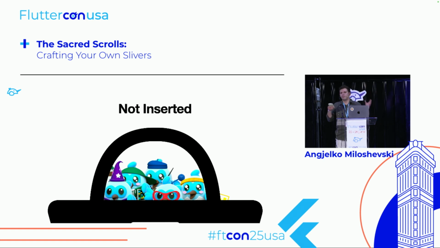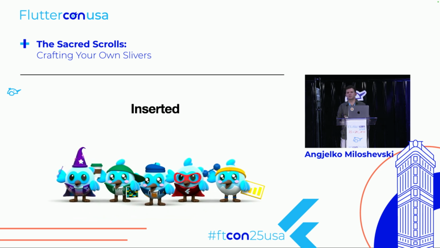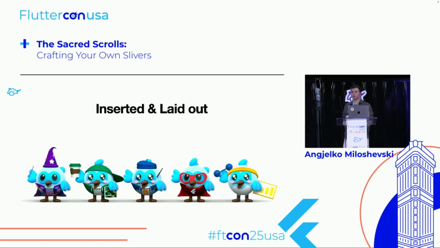I imagine this like a basket of children widgets that haven't been inserted yet. Then we have the inserted state, which creates a render box and adds the children to the render tree, but hasn't laid them out yet. They don't have size, width, or height. And the last one is inserted and laid out, which, apart from inserting, also calls the layout method of each child, and that allows each child to have its own size, a height and a width.